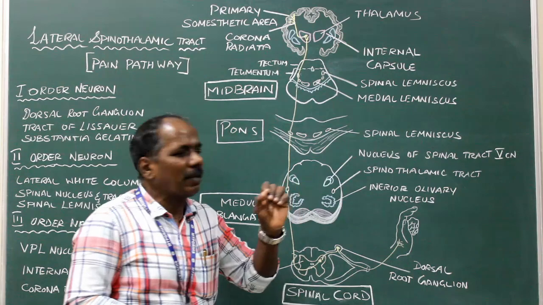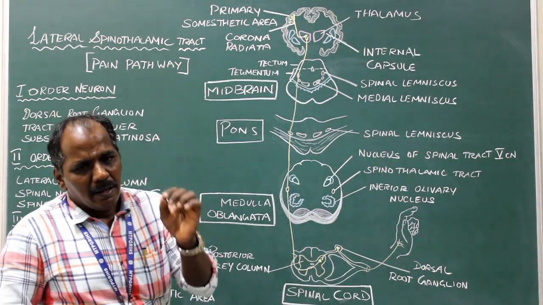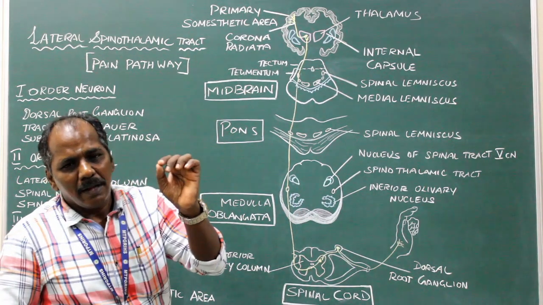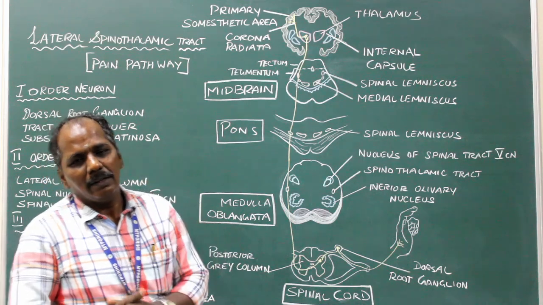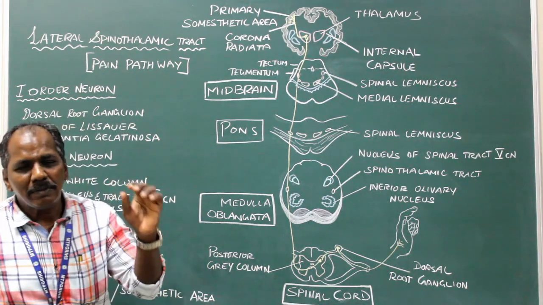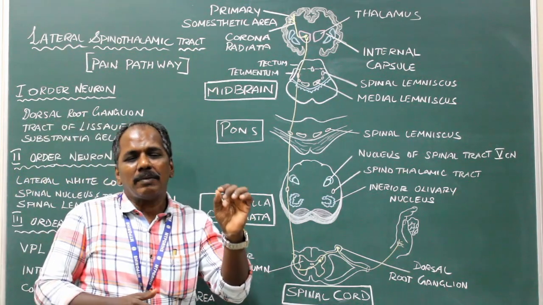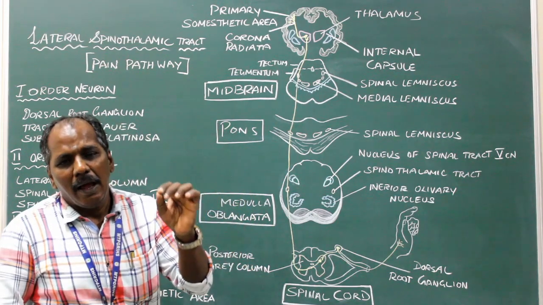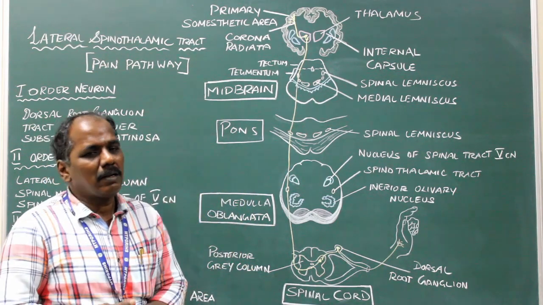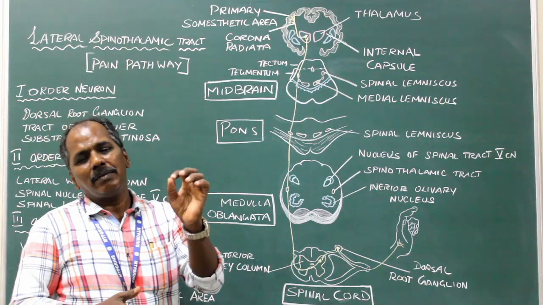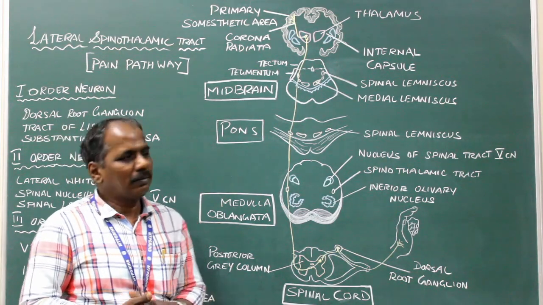In the upper part of the medulla oblongata, it joins with the anterior spinothalamic tract and spinotectal tract to form the spinal lemniscus.